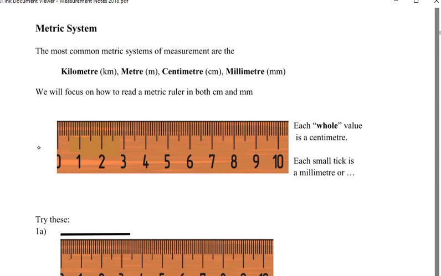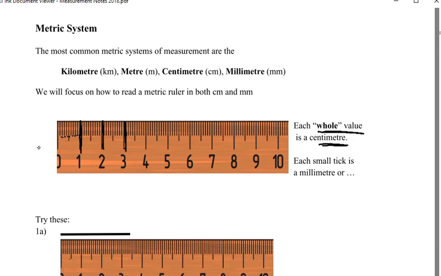Well, the reason they have small lines is because when we measure with a ruler, each whole value is a centimeter. So this big long line is 1 centimeter, 2 centimeters, 3 centimeters. And based on what I just said, each tick is a millimeter. But again, there's 10 of them in there. 1, 2, 3, 4, 5, 6, 7, 8, 9, 10 ticks get us to a centimeter.